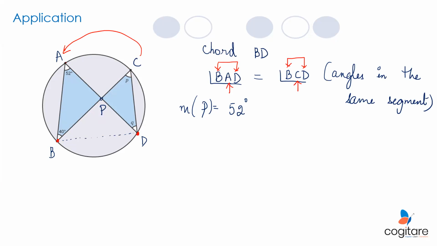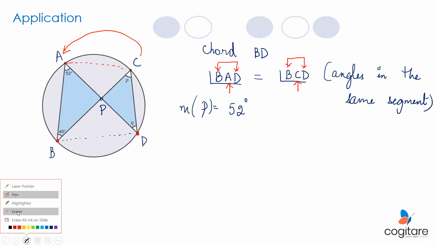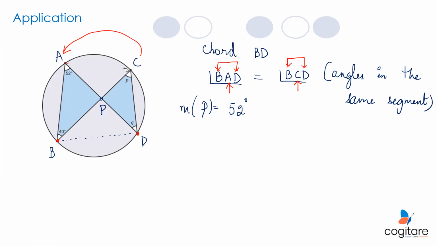Cool. Similarly, if I were to join AC, oops, it looks like I've drawn another arc here. Just hold on. So if you look at the chord AC, you will realize that this angle Q and this angle 40 degrees are actually angles subtended by the chord AC, or arc AC, on the circumference.